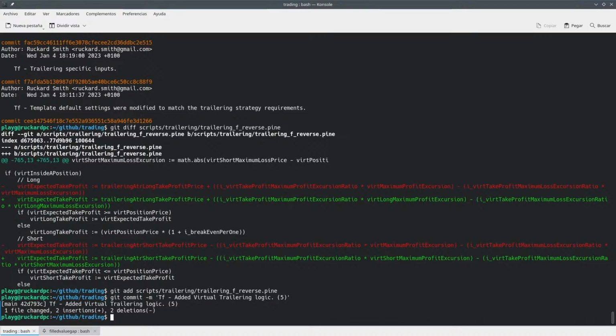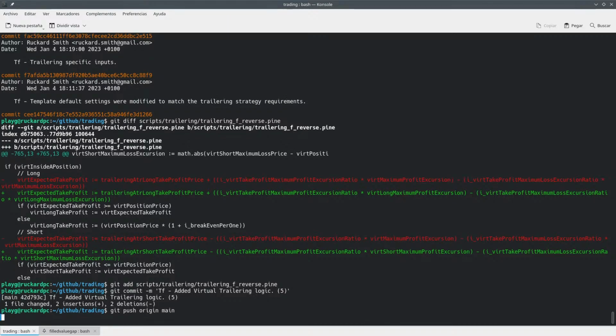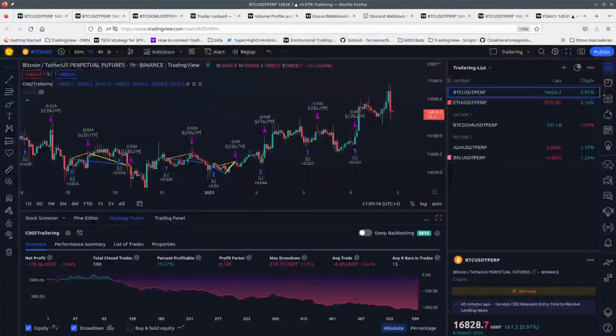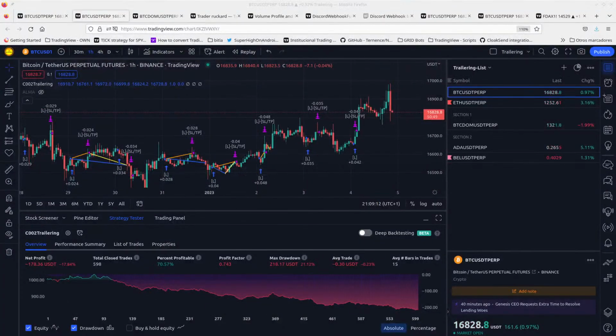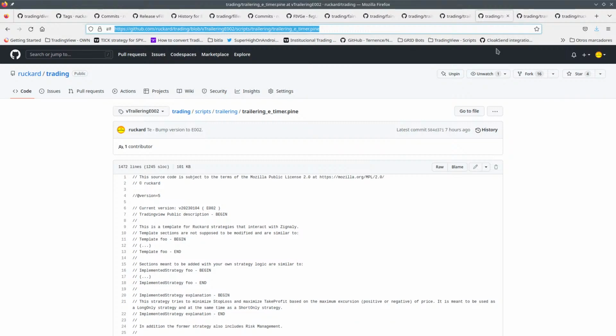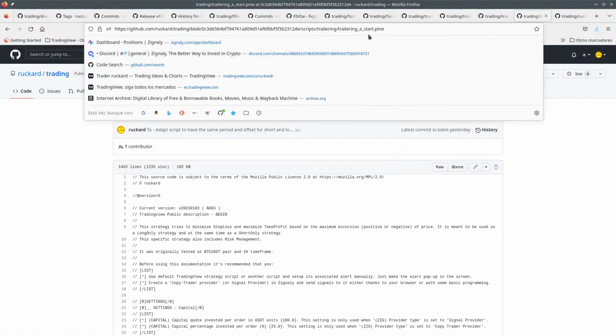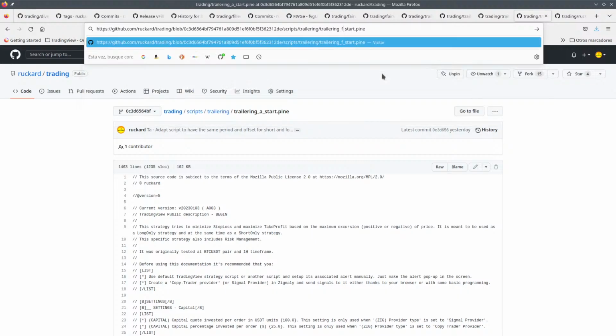Okay. So now I'm going to push this because there are a lot of changes, and you know, we don't want to lose any of this work. So we are going to check. Yeah, I mean, so this is F reverse.